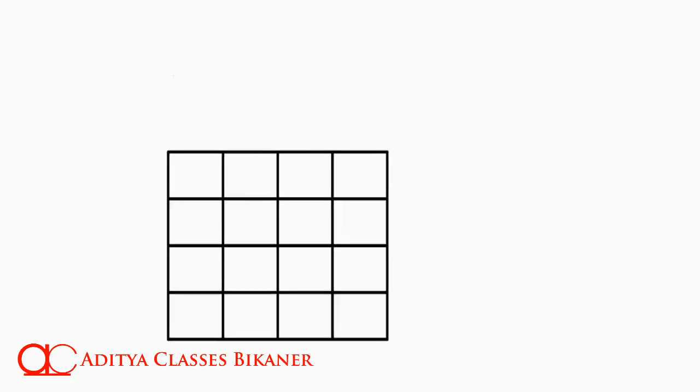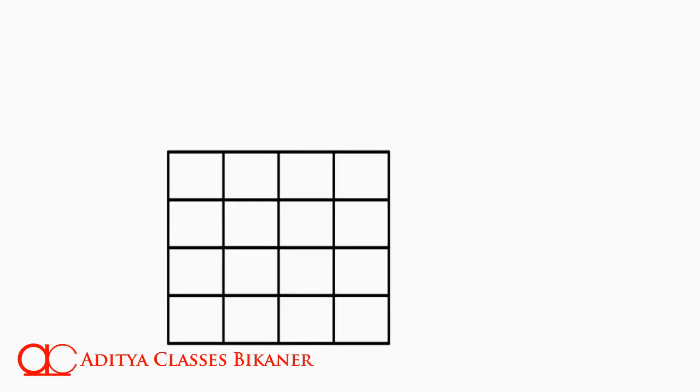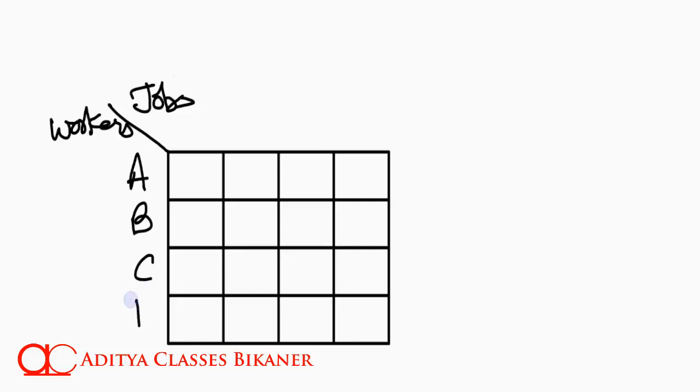Let us say my workers are written on this side, workers, and jobs. So I have 4 workers. Let me call them A, B, C, and D. Then I have certain jobs, maybe P, Q, R, and S. So I need my workers to finish these jobs.